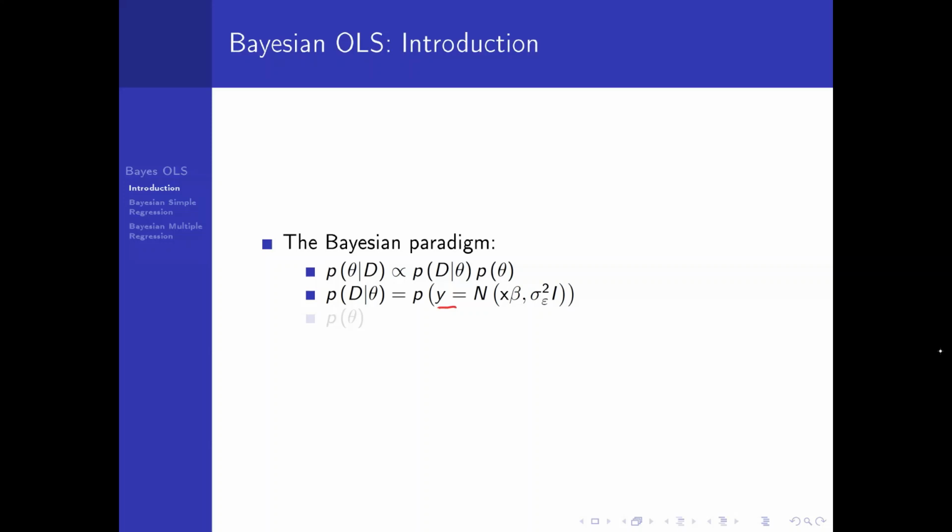Equivalently, every error term follows a normal distribution. And then we need to supply this prior probability density for the parameters.